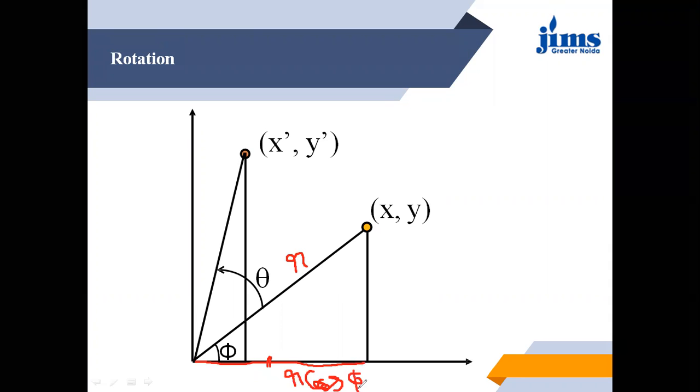This is the base, and the perpendicular will be equal to r sin phi.